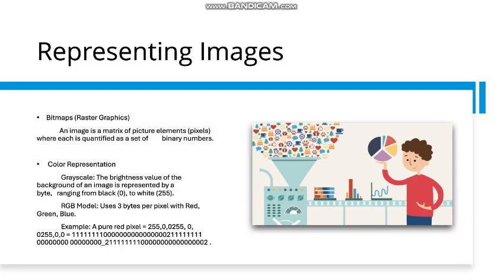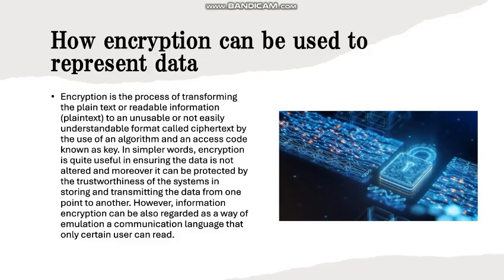Grayscale: the brightness value of each pixel is represented by a byte ranging from black, 0, to white, 255. The RGB model uses 3 bytes per pixel with red, green, and blue. Example: a pure red pixel. I have shown the code of that.